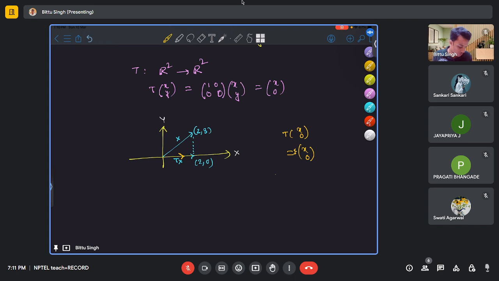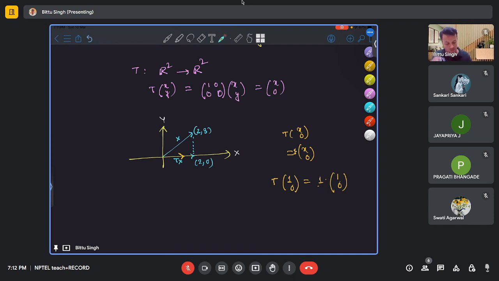So you can say that any vector from the x-axis, for example 1 comma 0, is an eigenvector, and this is the same as 1 times 1 comma 0. So here this is T, this is x, and this is lambda times that x. So here 1 is an eigenvalue, and this 1 comma 0 is an eigenvector corresponding to this scalar 1.